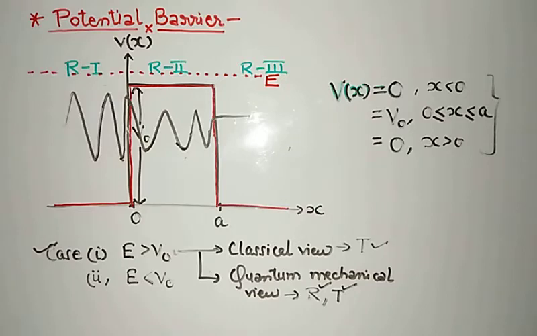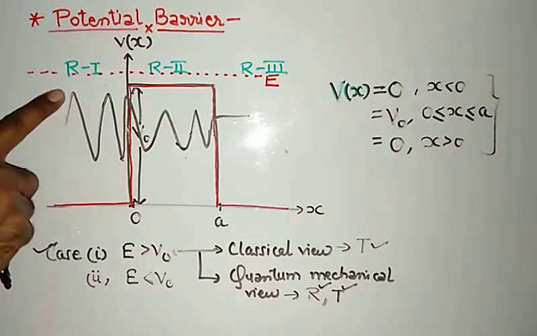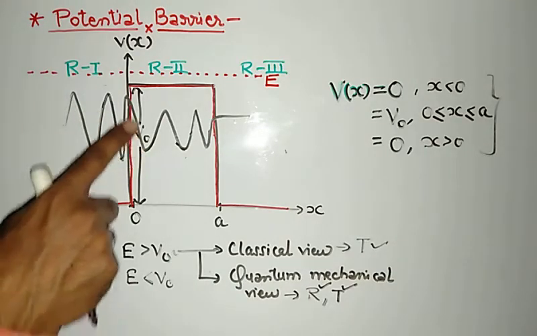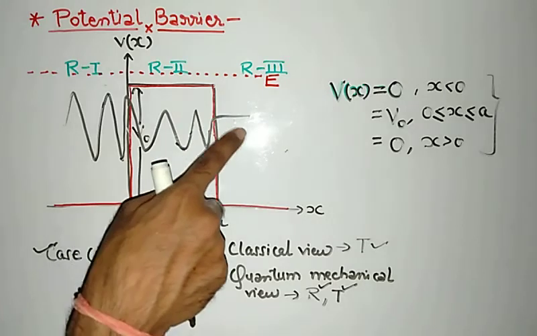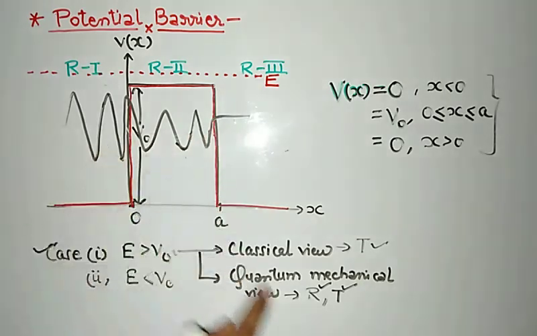We will show this by obtaining expressions, and then we will differentiate the classical and quantum mechanical views. It is clear that we have drawn here a higher amplitude in one region than in the other. Why is it? Because there is variation of amplitude due to change in momentum.